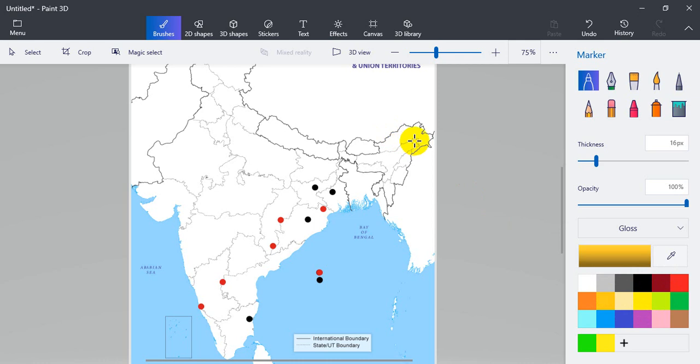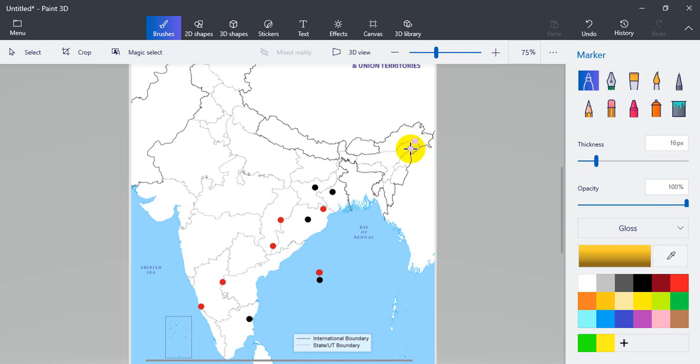The first oldest mine is Digboy. Then diagonally below that, within the Assam region, is Naharkatia. This is Digboy, this is Naharkatia.